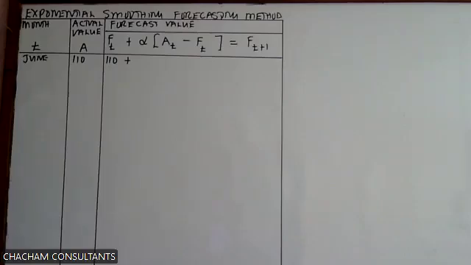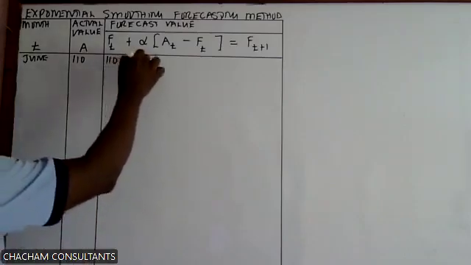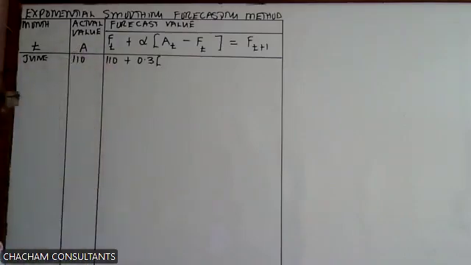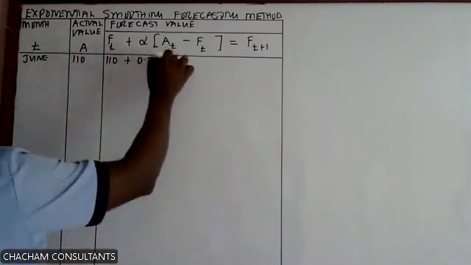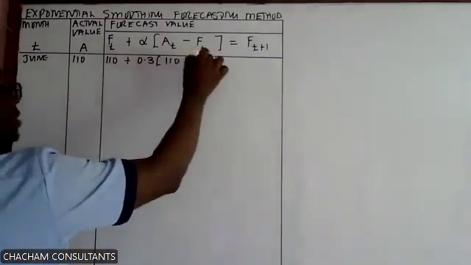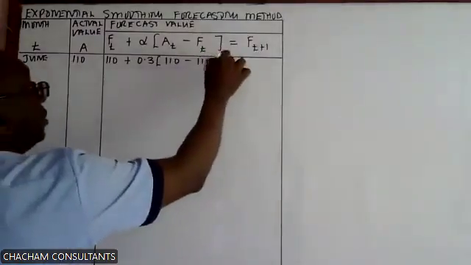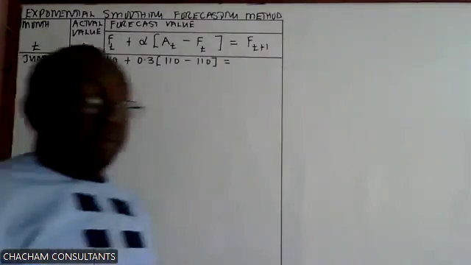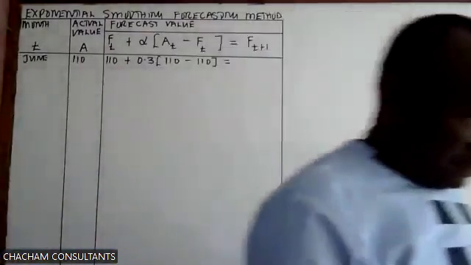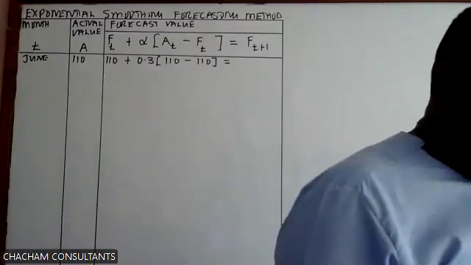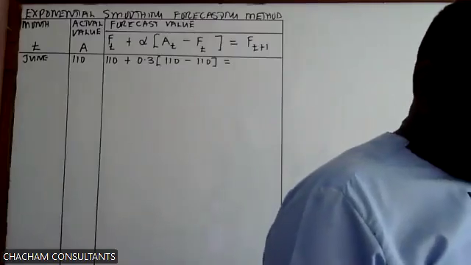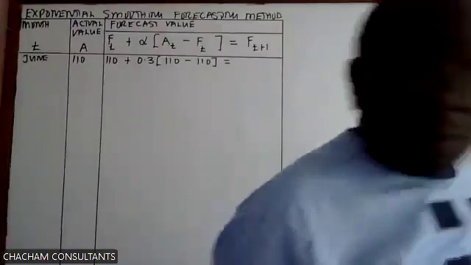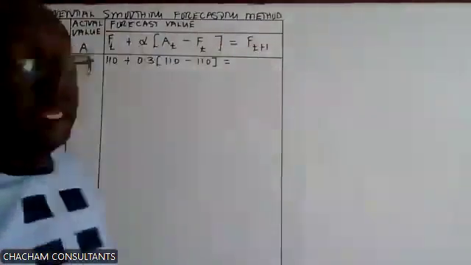Alpha, we are told, is 0.3. This value still becomes the actual and the forecast. So give me the answer. Obviously, the answer will be 110. Good.